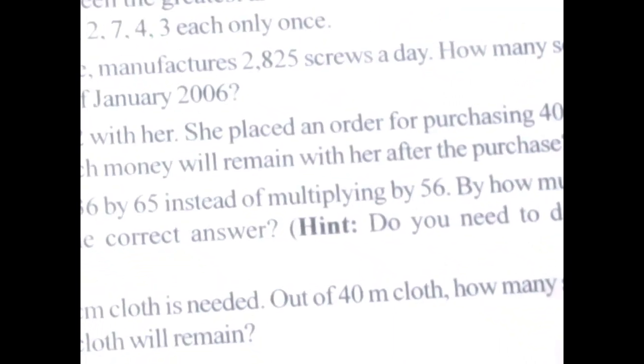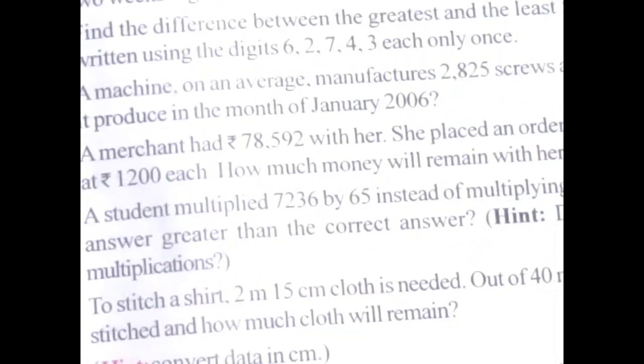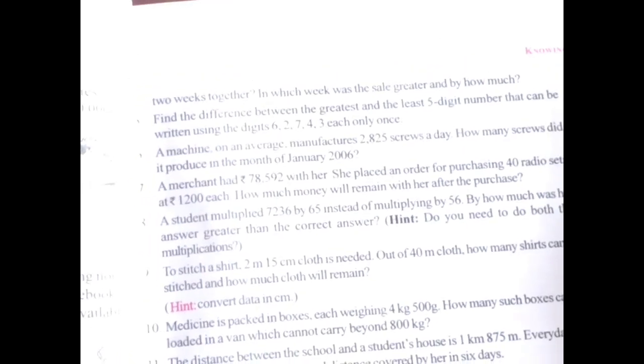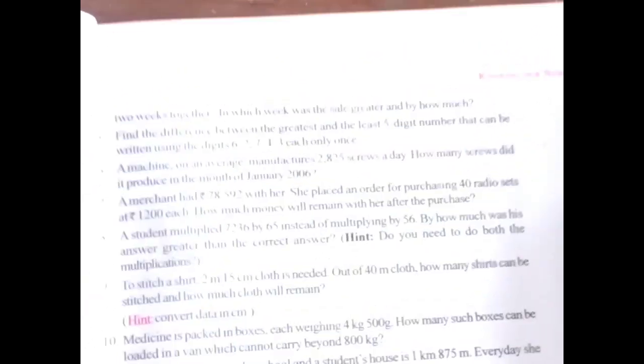So now let's go for example number 8. A student multiplied 7,236 by 65 instead of multiplying by 56. By how much was his answer greater than the correct answer? Hint: do you need to do both the multiplications? Yes, definitely.